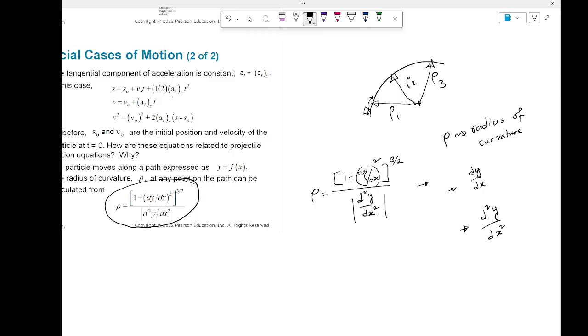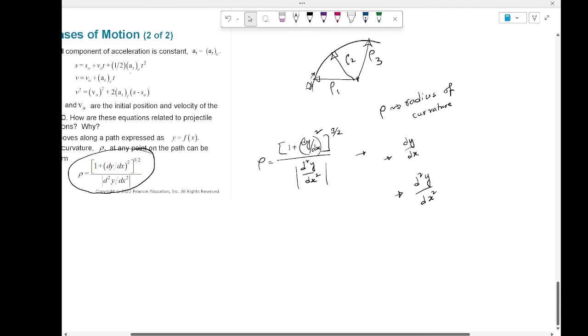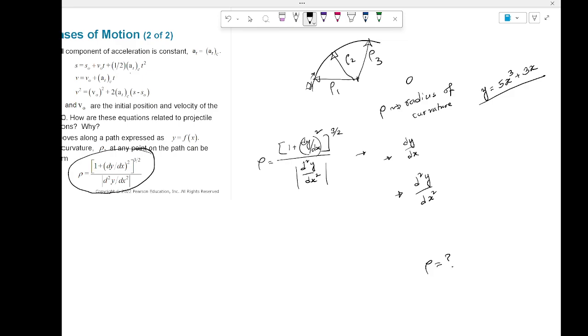Can you do that? You'd like me to give you examples. So say y is a function of x, where you have 5x cubed plus 3x. I'm just giving you a hypothetical scenario. Can you find the rho value from this equation? Do this. This is a quiz. I'm not going to grade it, don't worry.